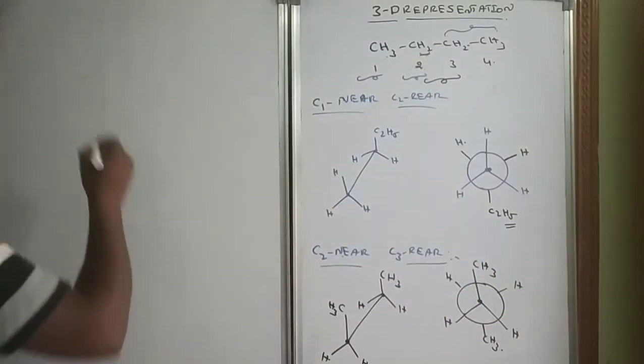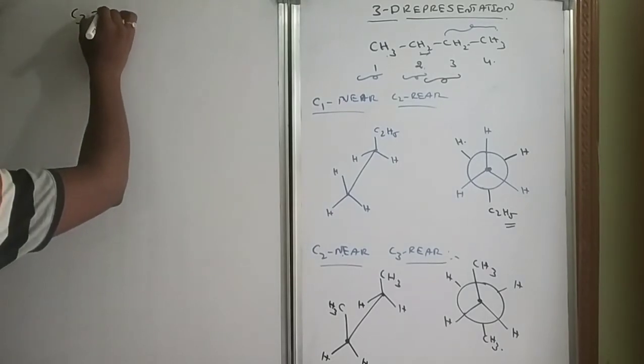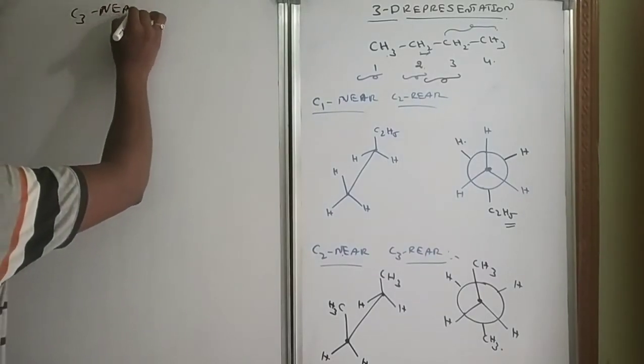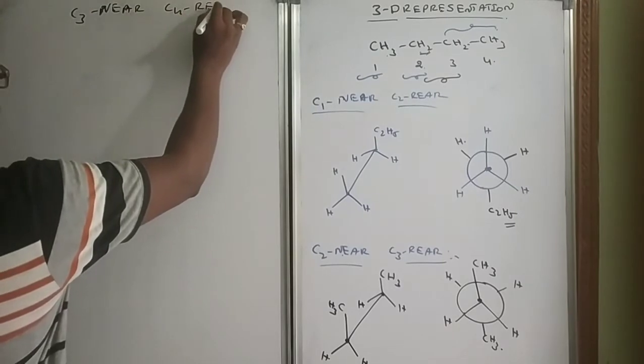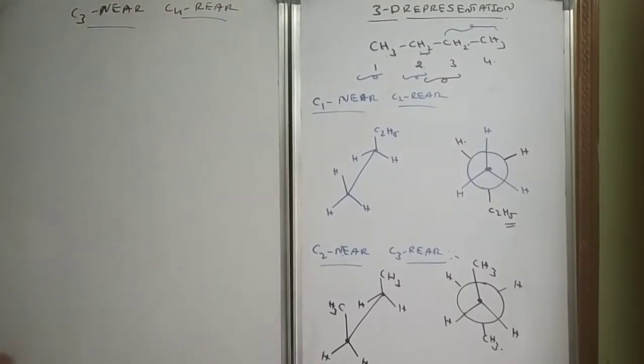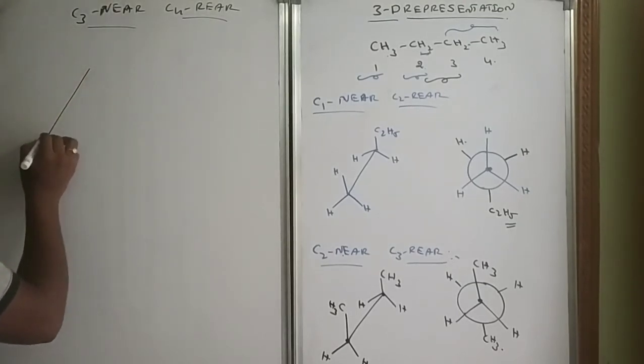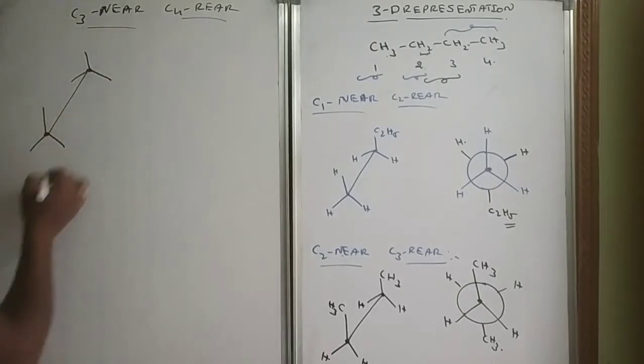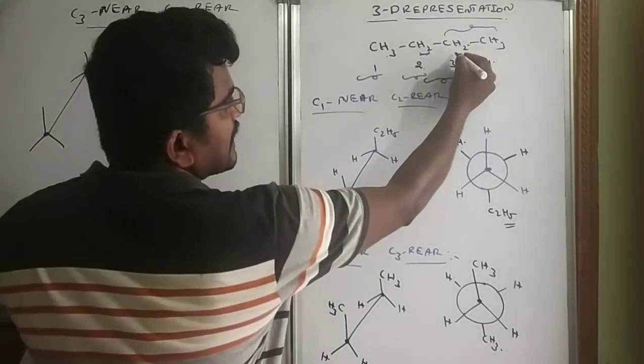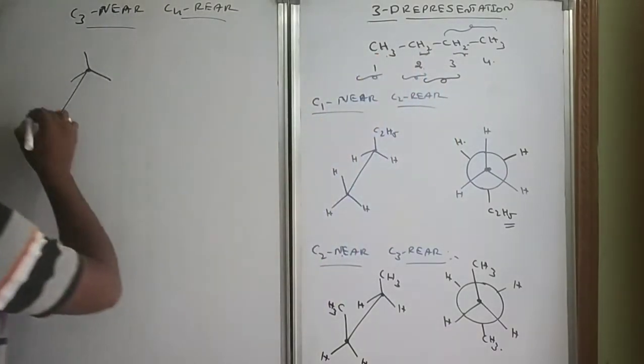Let us go to C3 near, C4 rear. C3 near and C4 rear means what happens? See, this is C3, this is C4, 1, 2, 3, 1, 2, 3. C3 has 2 hydrogens and 1 ethyl group.